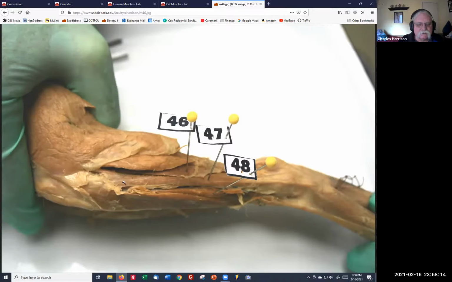On the lateral side, this is the fibularis longus. This little one right in here, extensor digitorum. And the one in the front without a pin here is the tibialis anterior.